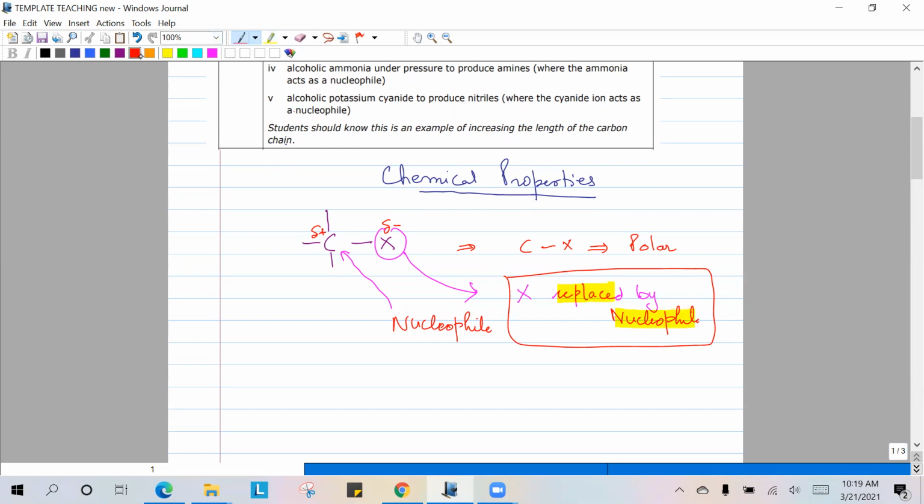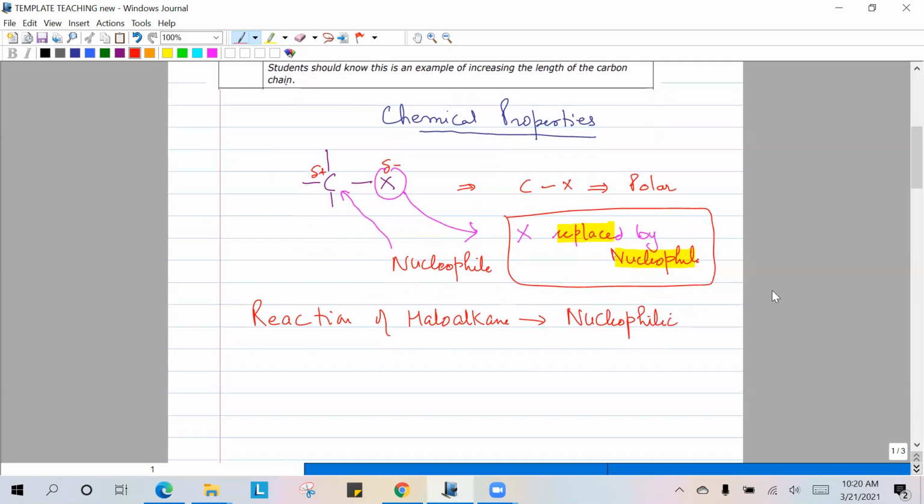So therefore you can say that the reactions of haloalkanes follow the mechanism of nucleophilic substitution reaction. So if they ask you the type of reaction for haloalkane, you will say nucleophilic substitution reaction.